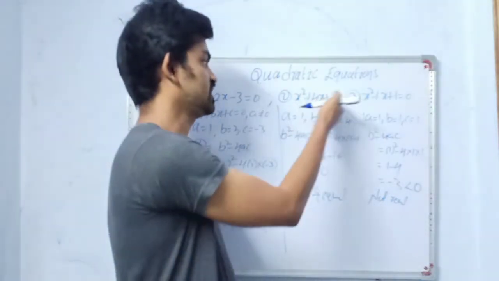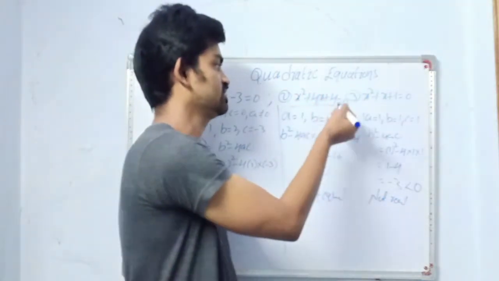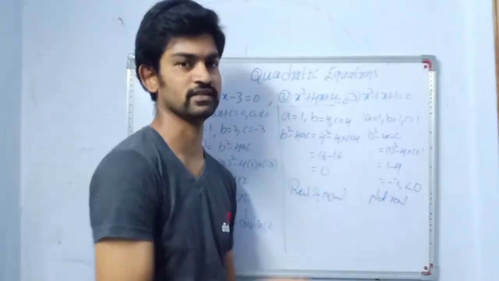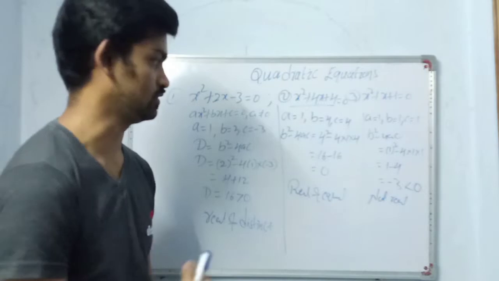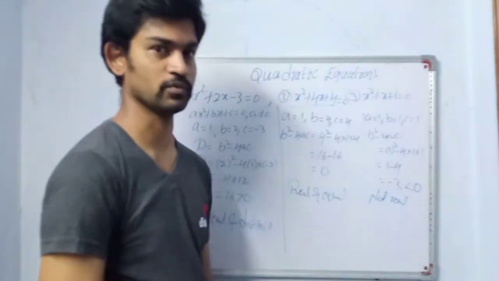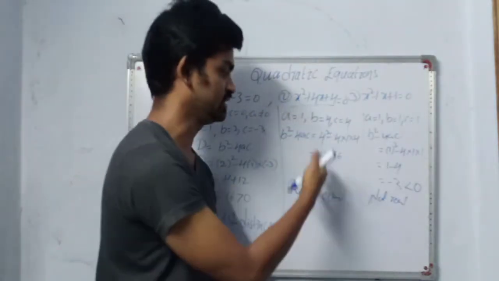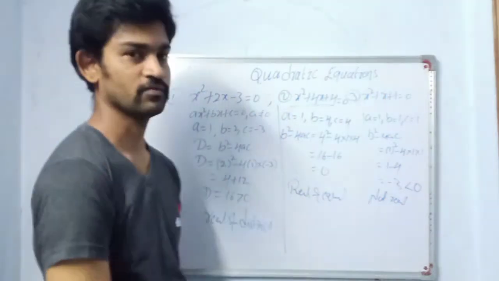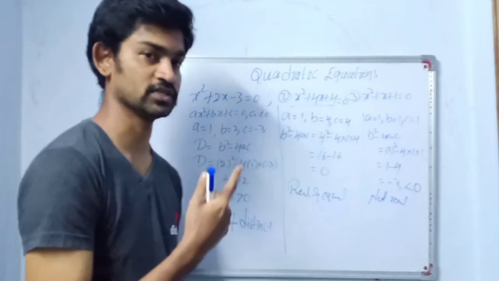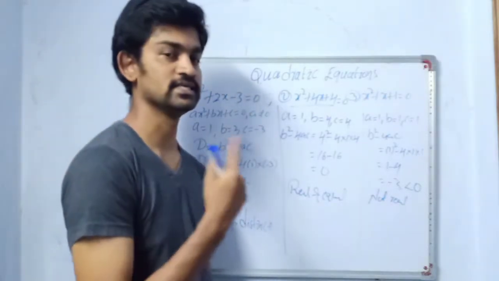He will change any one coefficient of these three terms as k, and he will ask you to find it. I will say one example now. This is how we decide the nature of roots based on the value of b square minus 4ac. B square minus 4ac is called what? It is called the discriminant.